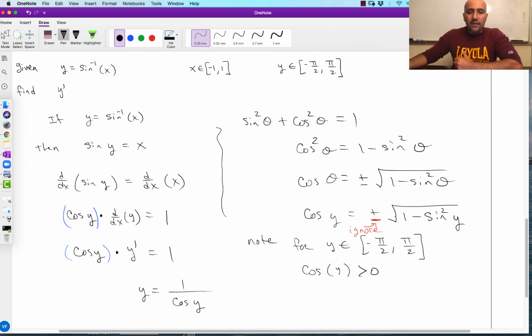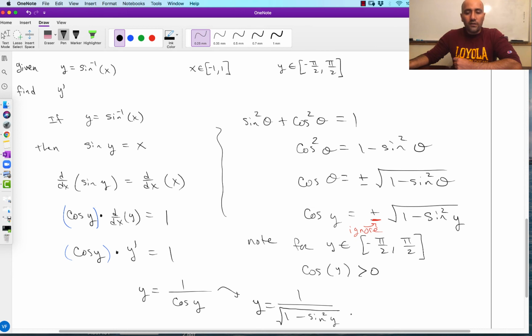Okay, so that is the same thing as cosine of y. So I'm going to take that information and simplify it here and say that y prime is equal to 1 over the positive square root of 1 minus sine squared y.